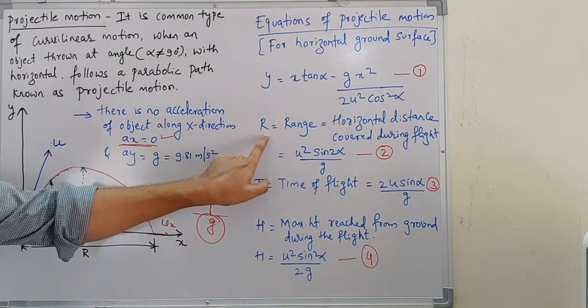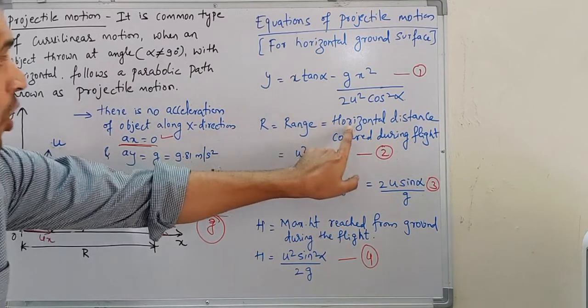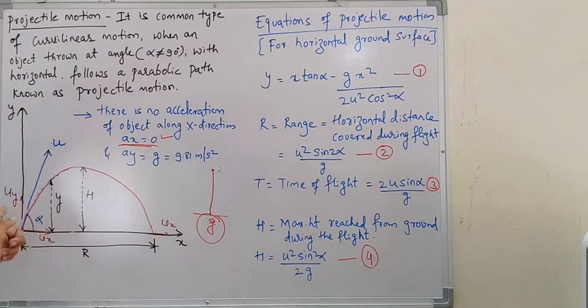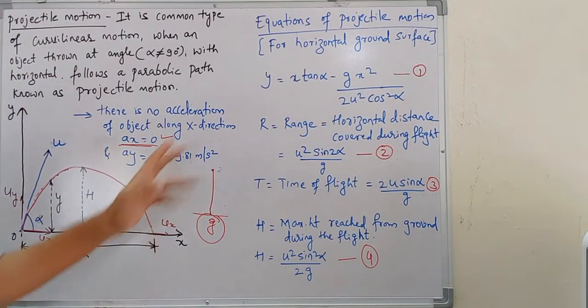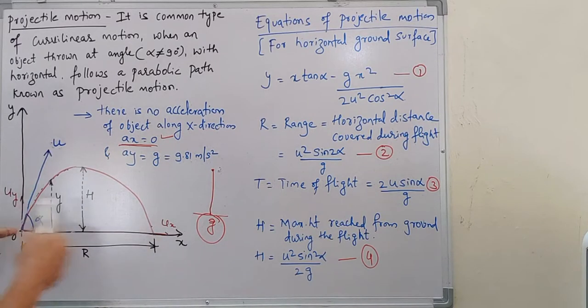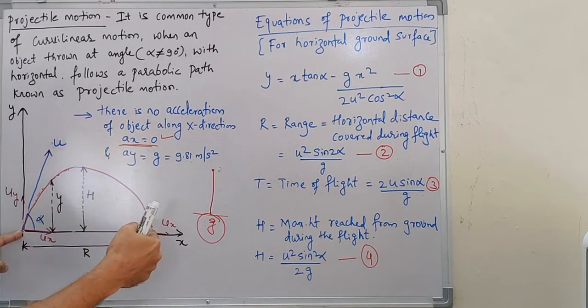Next is R, which we define as range. What is range? It is the horizontal distance covered during the flight. Flight is nothing but the projectile motion followed. Once the particle is thrown from the origin, it follows this path and reaches the final point.